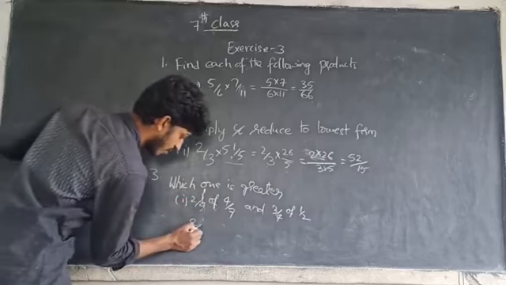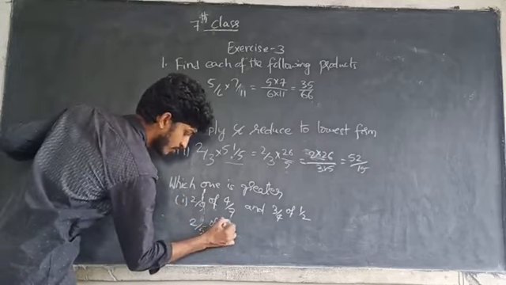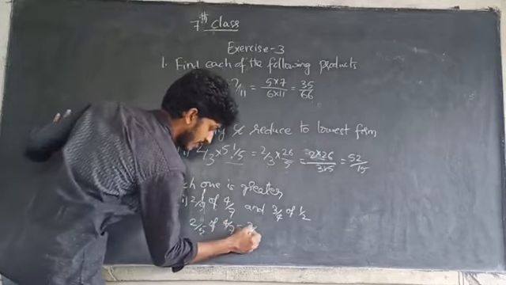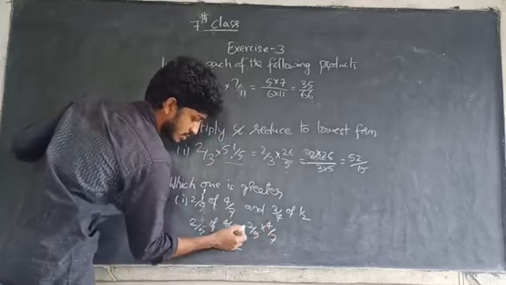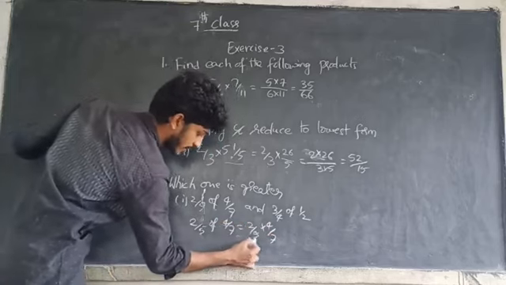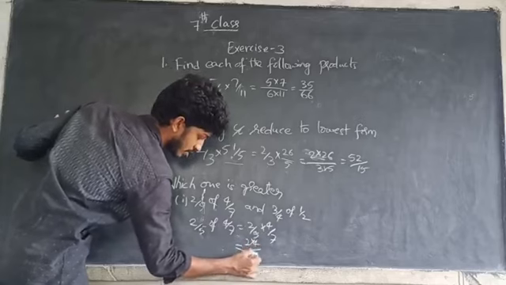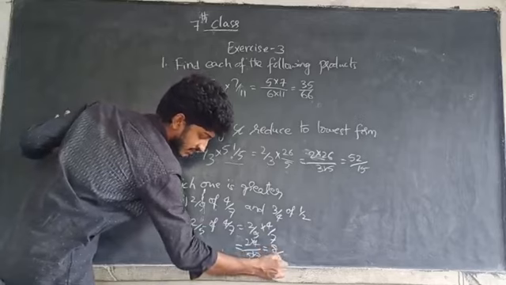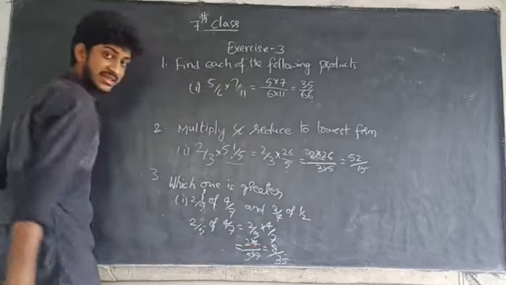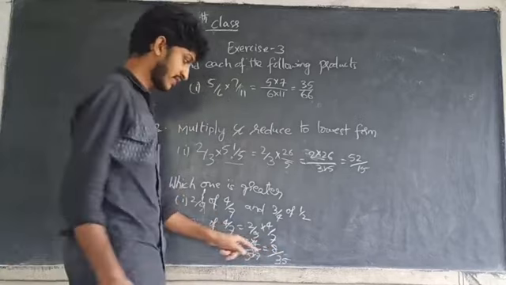So 2 by 5 of 4 by 7 equals 2 by 5 into 4 by 7. We multiply the numerators and denominators. 2 fours are 8 and 5 sevens are 35. It is 8 by 35.